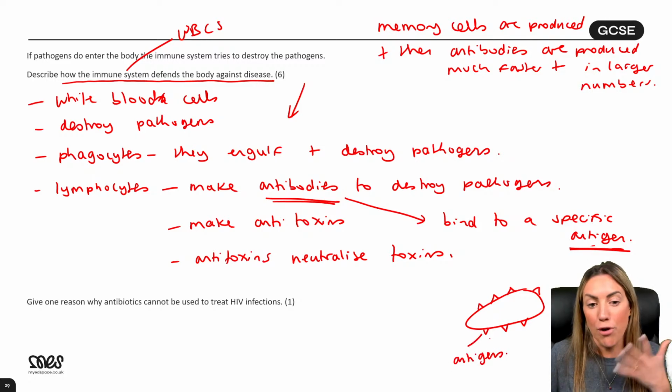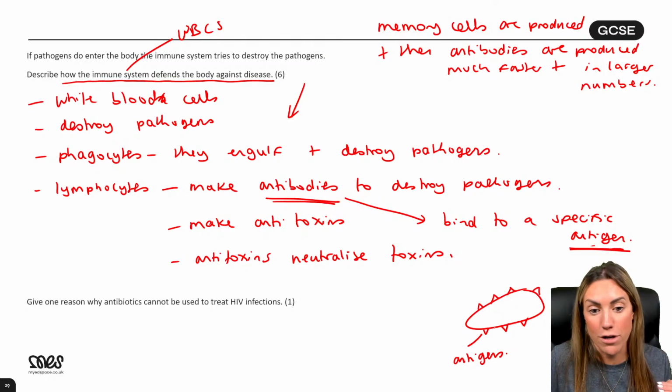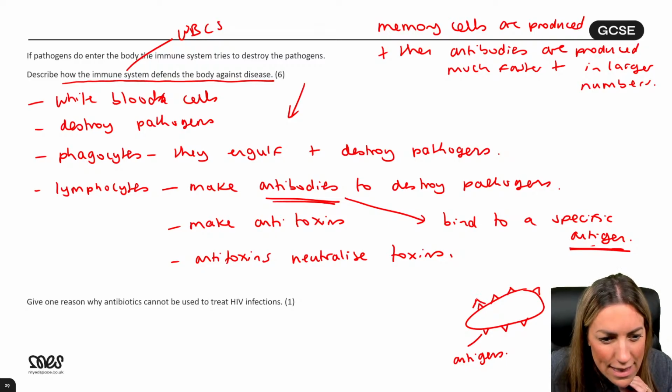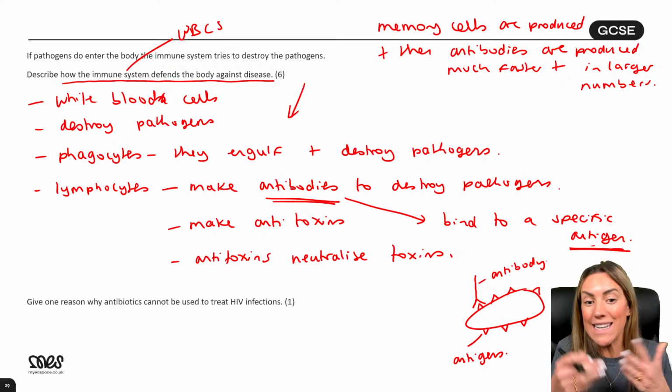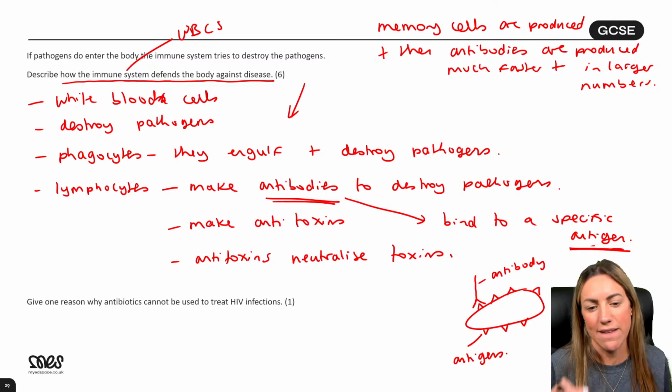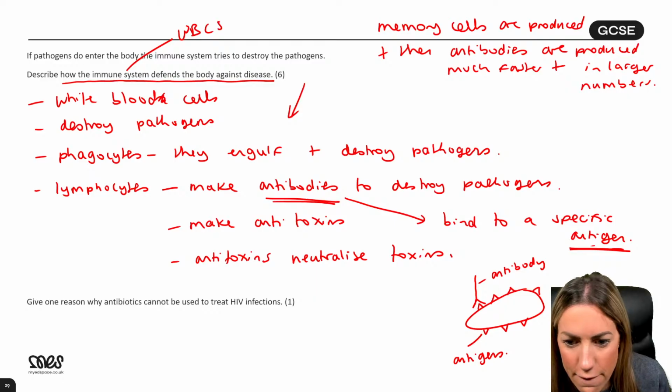These proteins are recognized as foreign, they should not be in your body, so that will trigger the immune response. And then the antibody, if I draw one on to show you, is specific. The antibody binds to a specific antigen on a specific foreign pathogen.